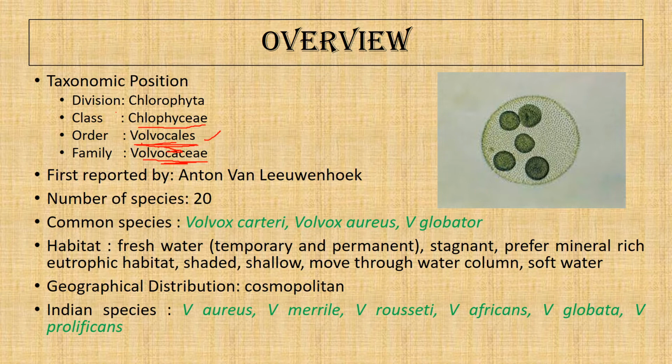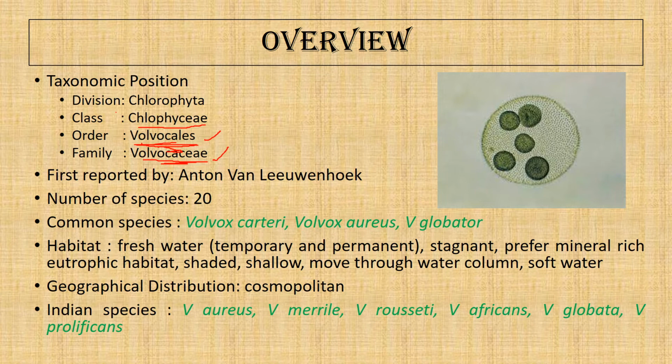Now, the family Volvocaceae consists of flagellated cells, and the colony as a whole swims. The colony is protected by a gelatinous mass of hydroxyproline-rich glycoprotein, and the colony can be of various shapes.